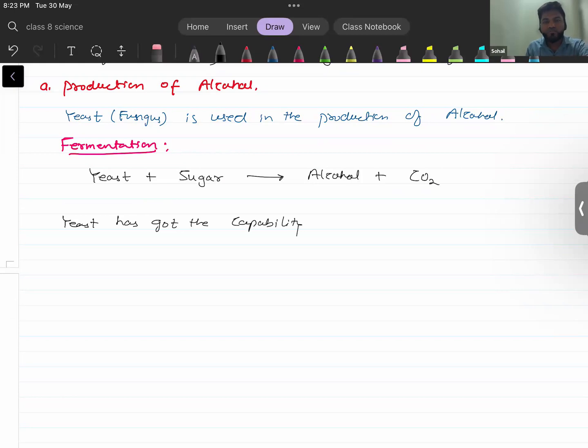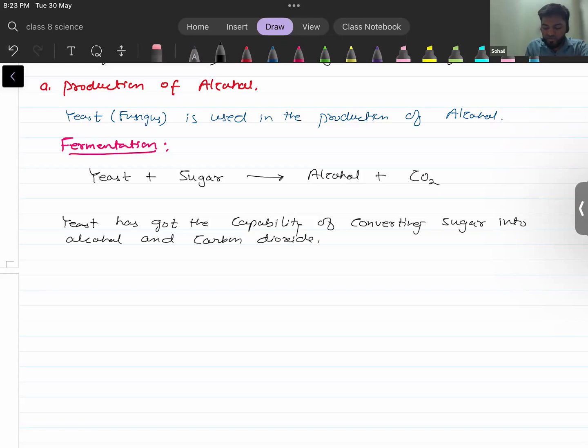Yeast is capable of converting sugar into alcohol, and carbon dioxide is released.